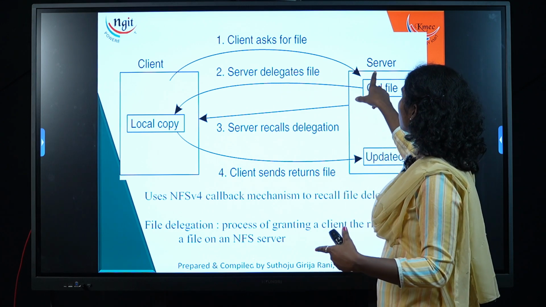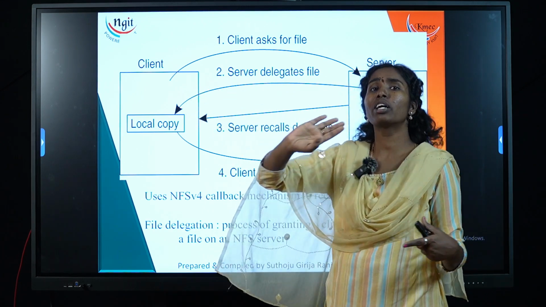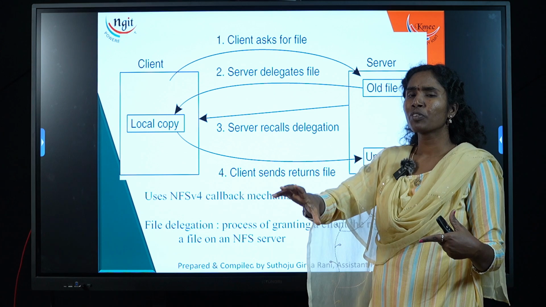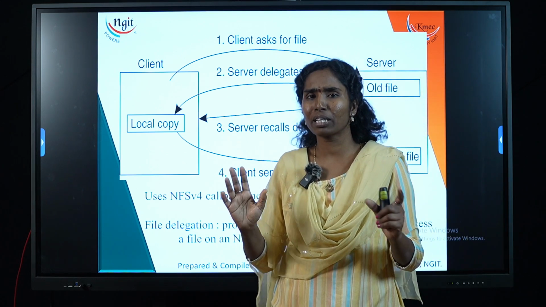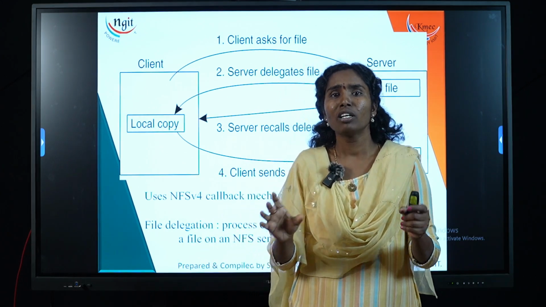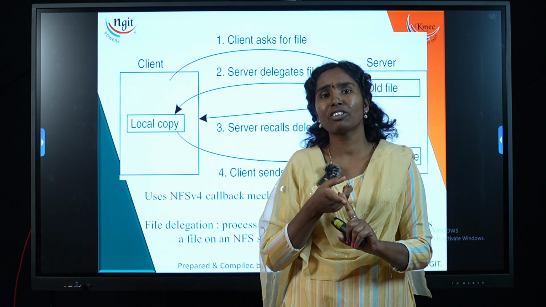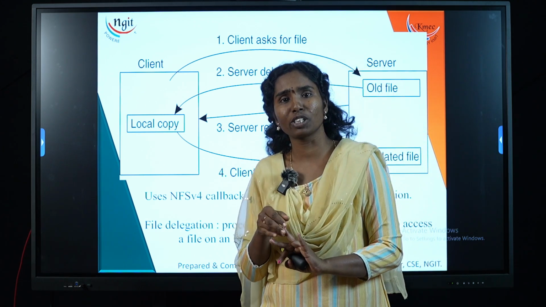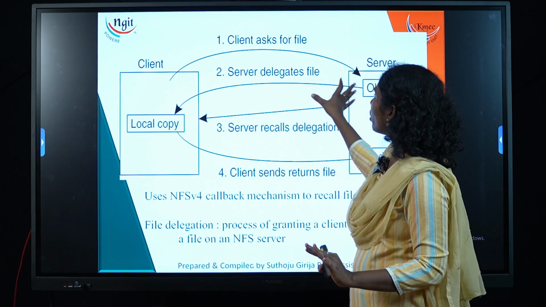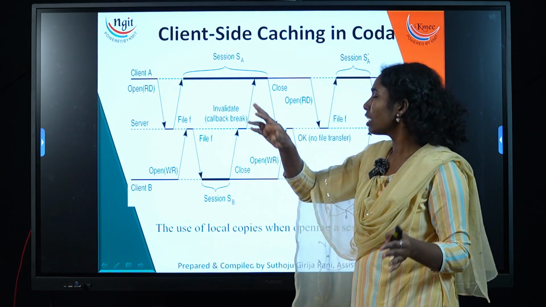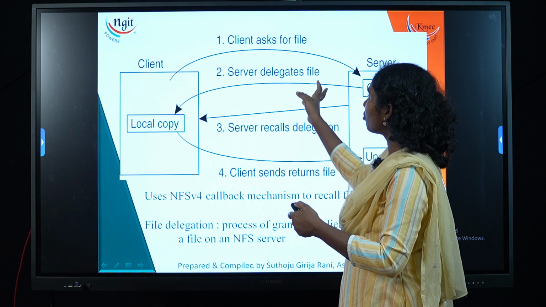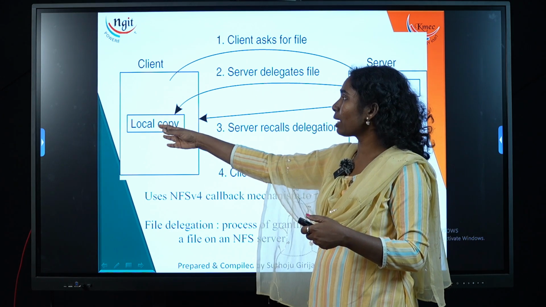The server will delegate the file with the permission you requested. The permissions we may have on a particular file are at most opening, reading, writing and execution. That's it, right?